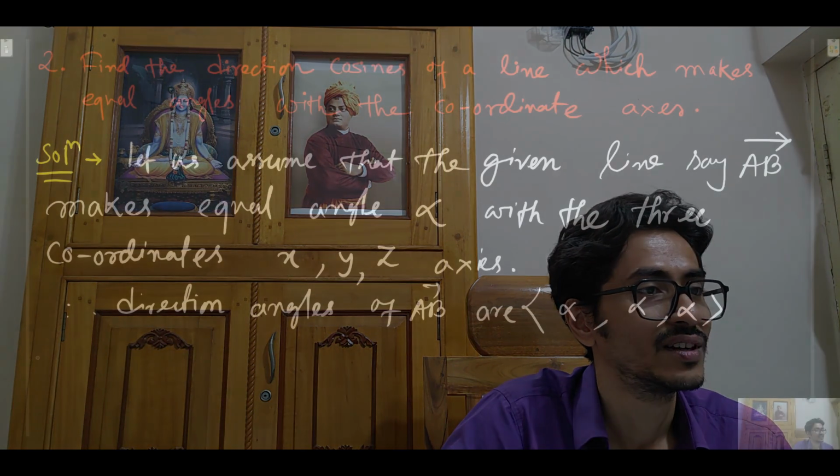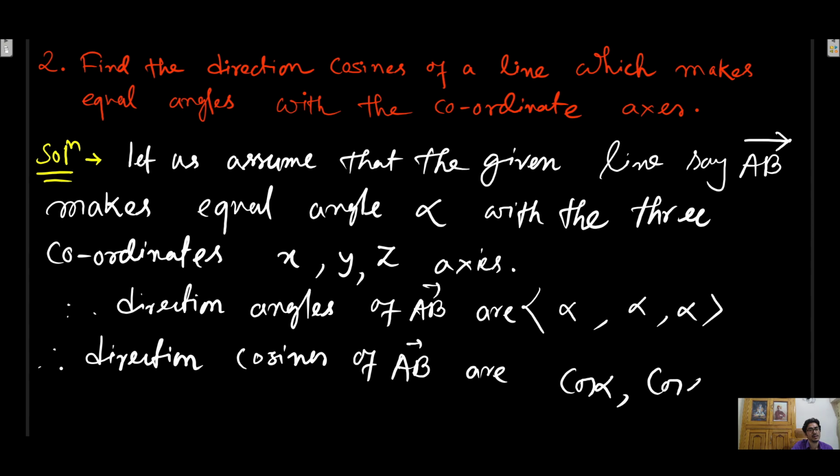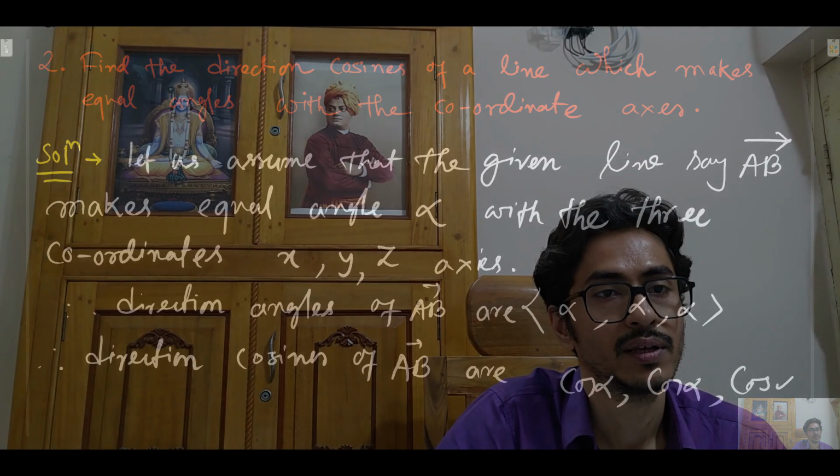Nothing is there. Therefore direction cosines of AB vector are cos alpha, cos alpha, cos alpha.